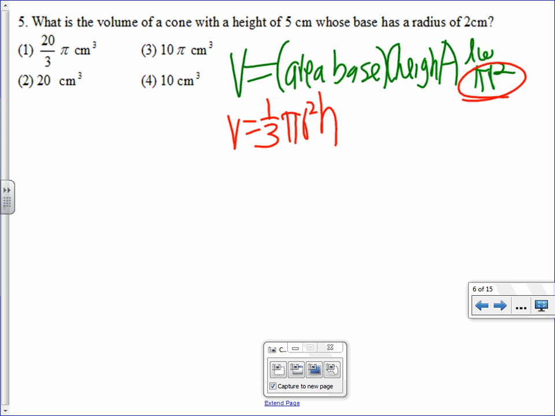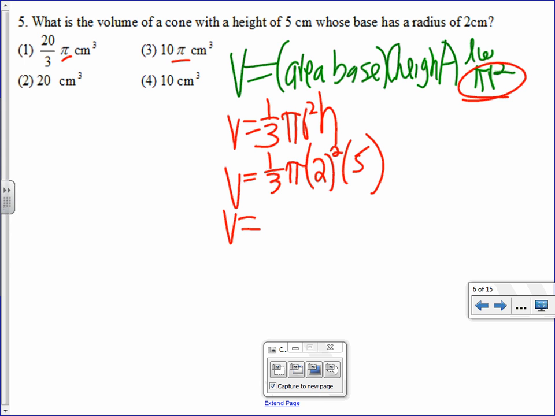So it's 1/3, and you will see that 1/3 on the reference sheet. From here, we just substitute our values in. The radius is 2. The height is 5. Being that the answers for the most part have pi's in them, I am not going to type pi into the calculator. When I do that, I get 20/3 pi.